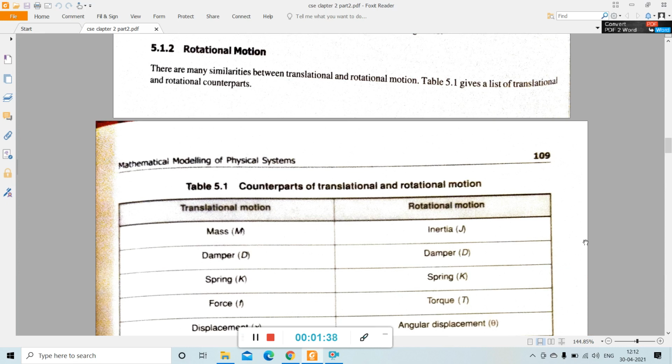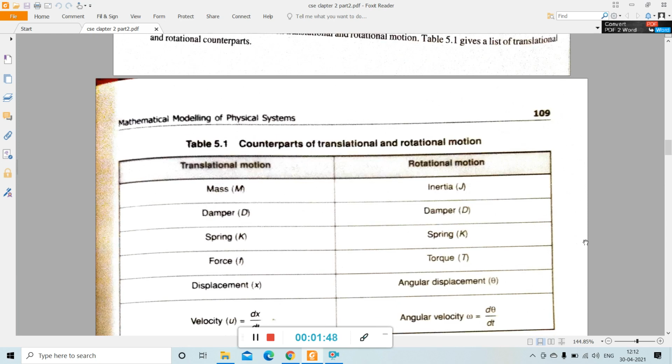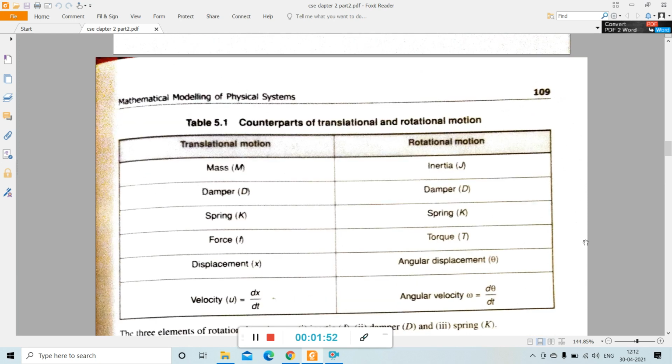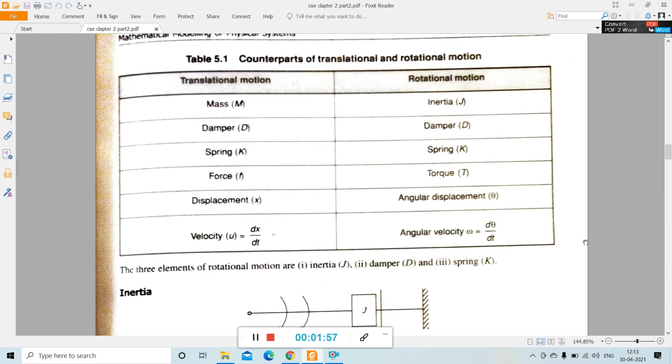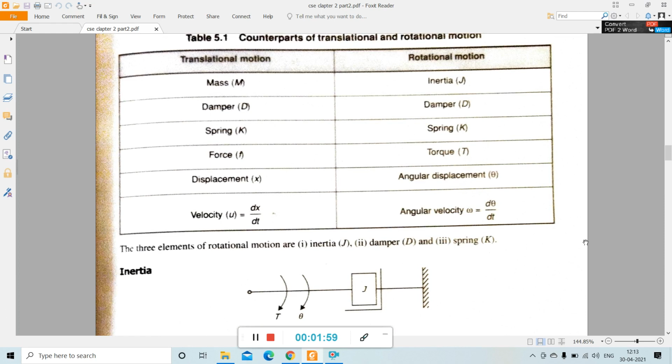See, between translational and rotational motion there are many similarities. So let's compare some elements. This table gives the comparison between translational and rotational motion elements.